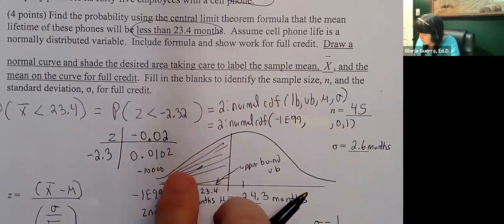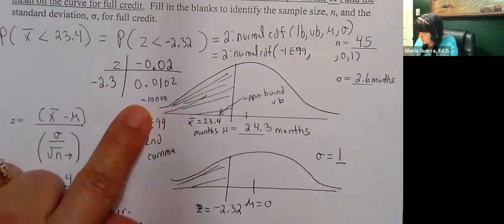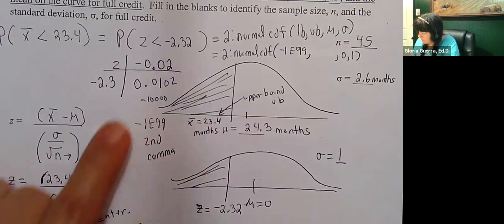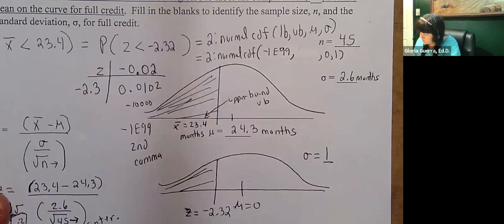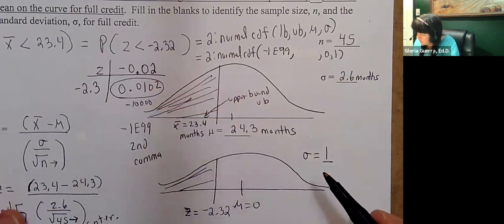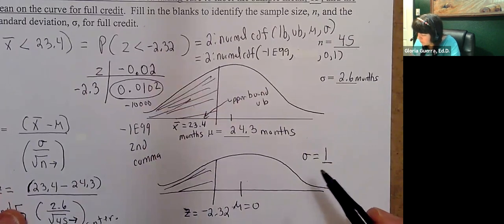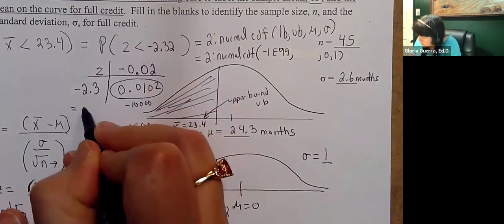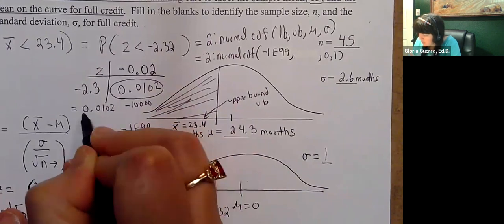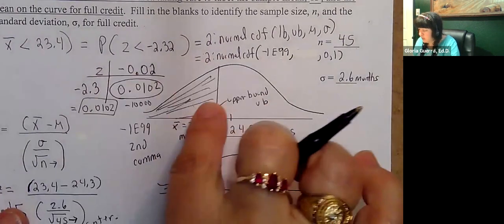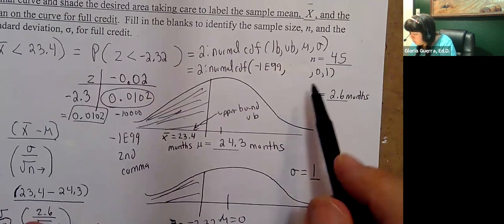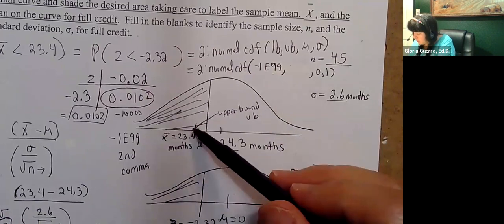And then that's the area, 0.0102. Okay, now let me just put this here. And I don't have to subtract or do 1 minus that because that was the simplest case, to the left. Okay. Now on the calculator, lower bound, upper bound.